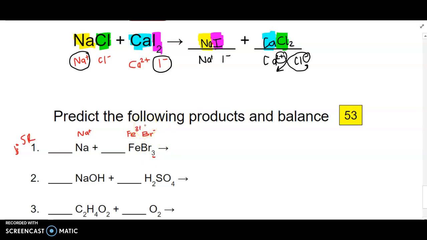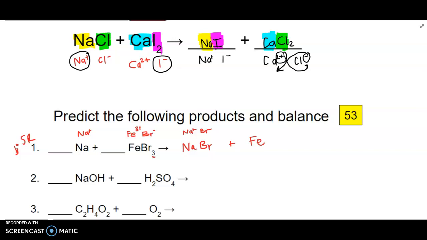Sodium gets a new partner, and its partner is going to be bromine. And so Na plus and Br minus are going to form NaBr, plus the new thing left all by itself is iron. Iron is not a diatomic element, so I do not need a subscript of 2.